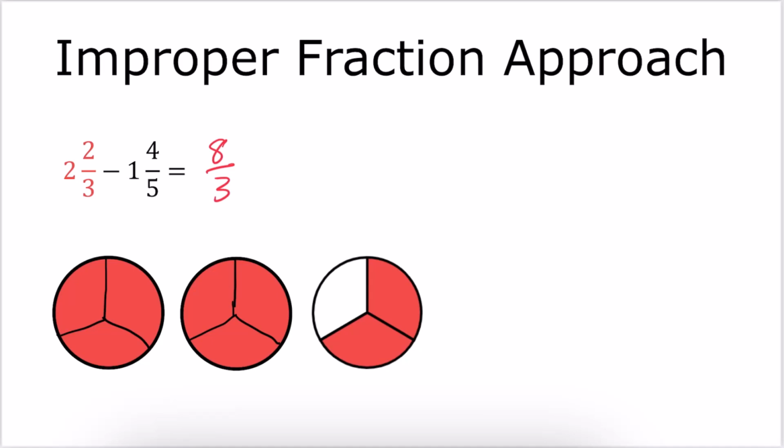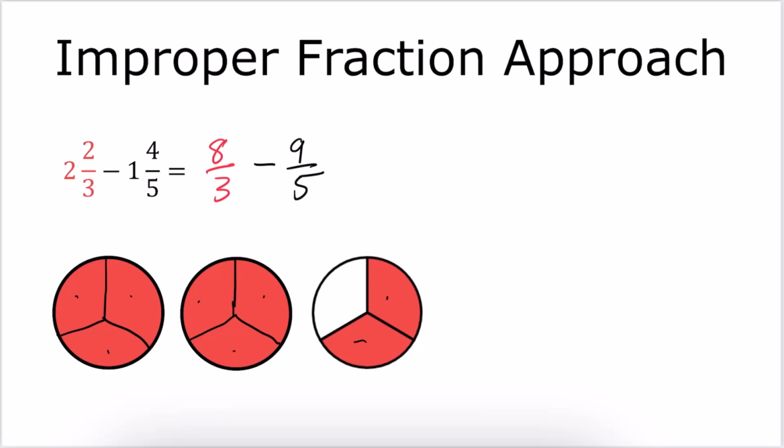And you can see that's true because I do have 1, 2, 3, 4, 5, 6, 7, 8 thirds in 2 and 2/3. And what I want to subtract is the mixed number 1 and 4/5. I didn't draw a picture of this because I'm subtracting it, but 1 would be 5/5, and then the 4/5 is obviously 4/5. And so I'm doing 8/3 minus 9/5.